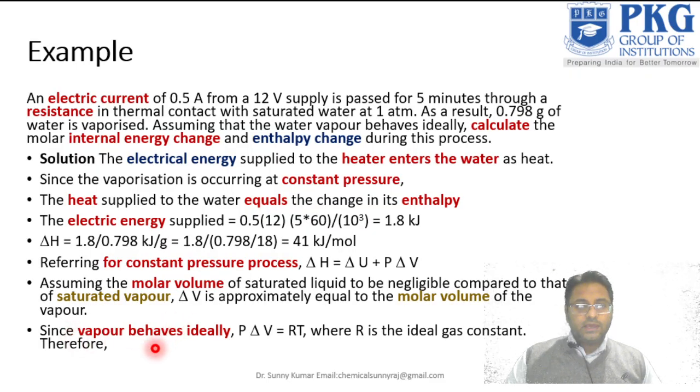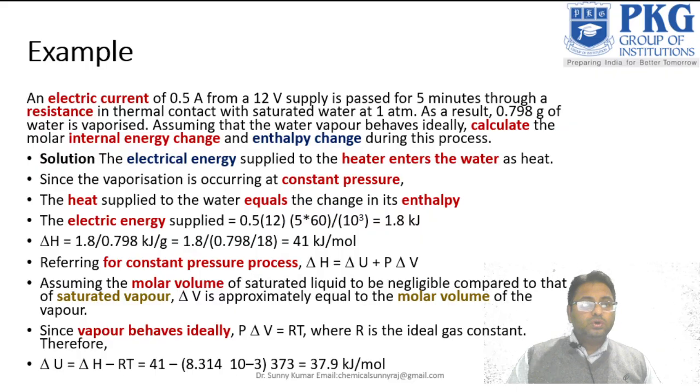Since the vapor behaves ideally, the ideal gas law will be applied for the system. So P delta V equals RT, where R is the ideal gas constant.